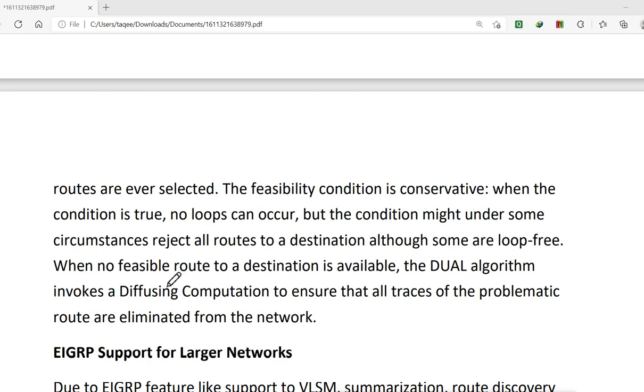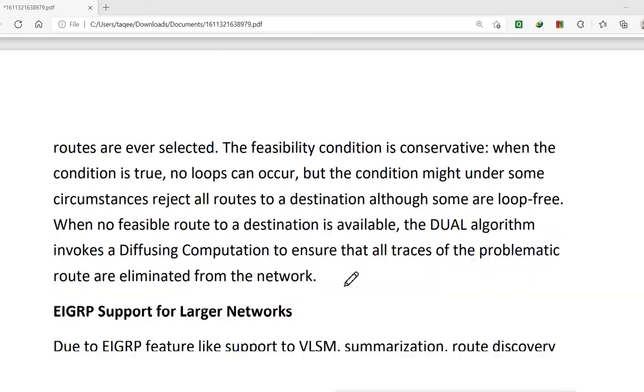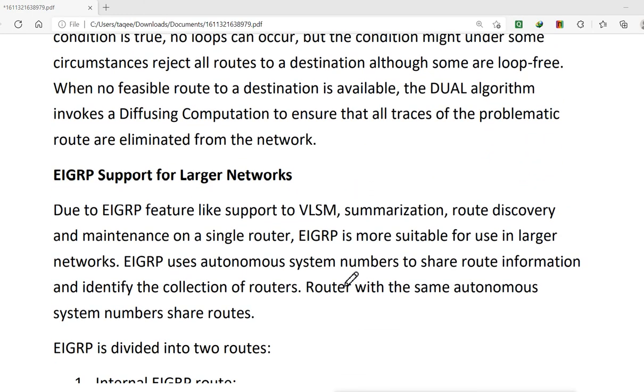So when no feasible route to a destination is available, the DUAL algorithm invokes a diffusing computation to ensure that all trace of the problematic route is eliminated from the network. So it does all these things to prevent looping. That was the big problem in RIP.